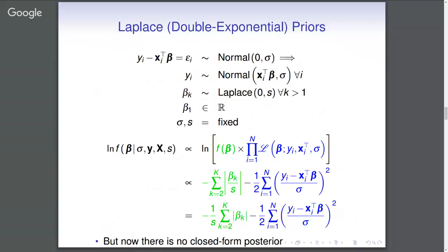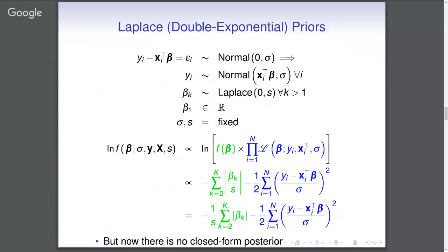You can pull that 1 over s out of the sum, and the sum comes from taking the logarithm of the product from k equals 1 up to big K, and also the logarithm of the likelihood that we have for the normal distribution here. So you've not heard of the Laplace distribution yet, I don't think, but we have a perfectly valid description of a posterior distribution if our beliefs about the coefficients beta can be described with this Laplace PDF.